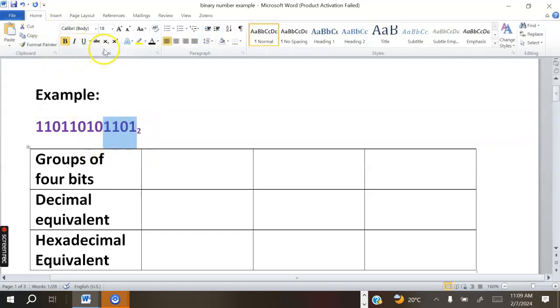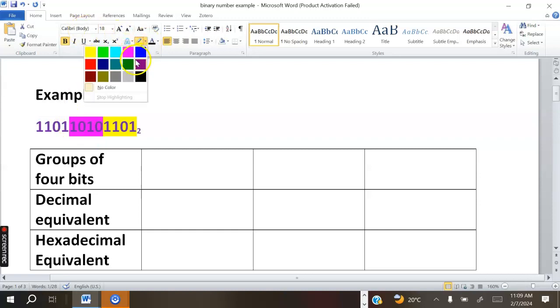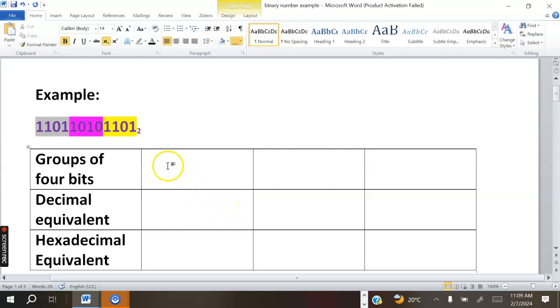So we have the first bunch. Maybe we can give this a different color. Then we have this one, another group, another color there, and lastly we have this one. Give it a different color. So what we have done is arranged the number in groups of 4. So group number 1, we have 1101.